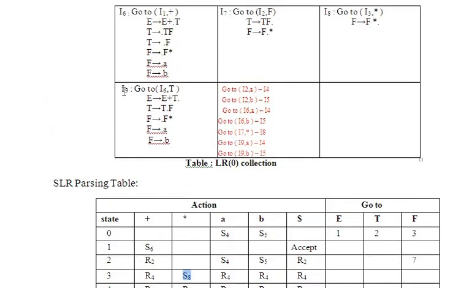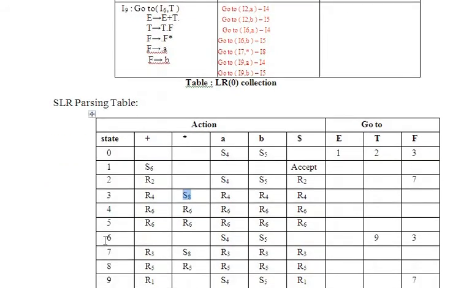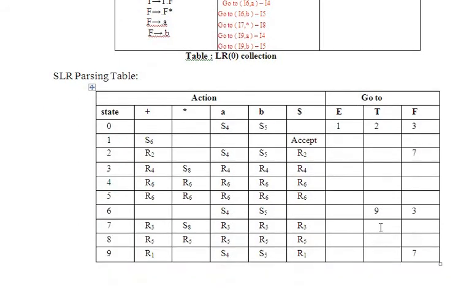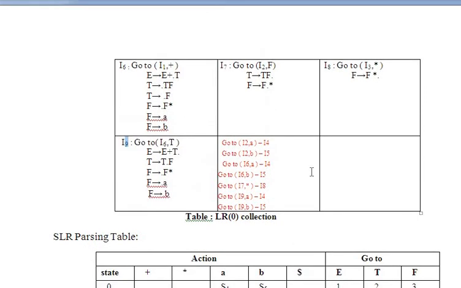Next, I6 on T is I9, so write 9 for 6 on T. Then check all the productions.